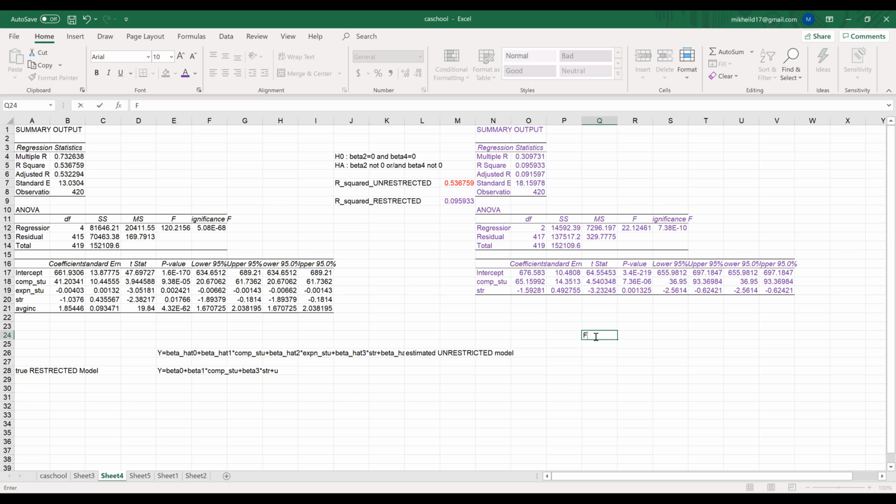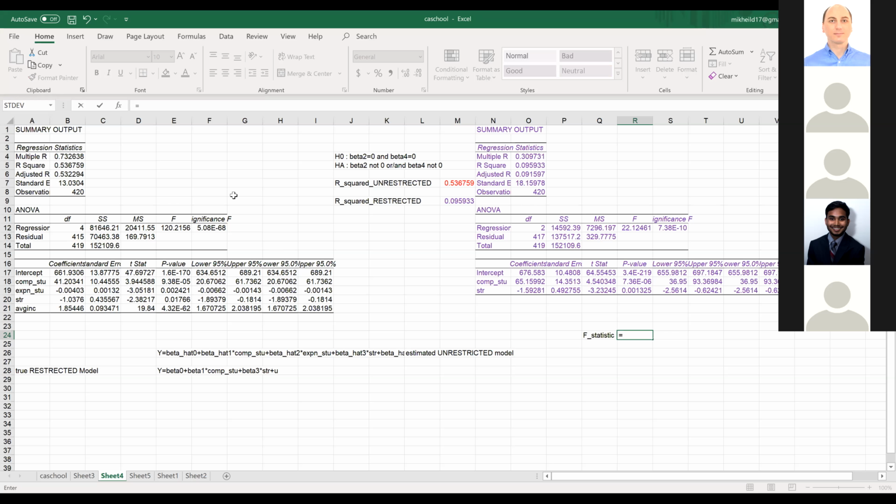F stat, which will be here, equals what? Something divided by something, but that something also has something divided by something. And in the numerator also we have something divided by something.